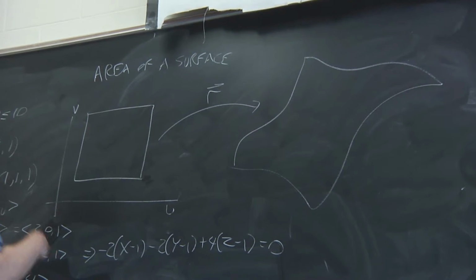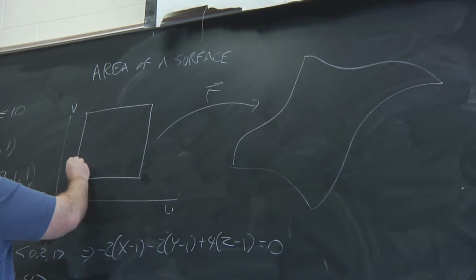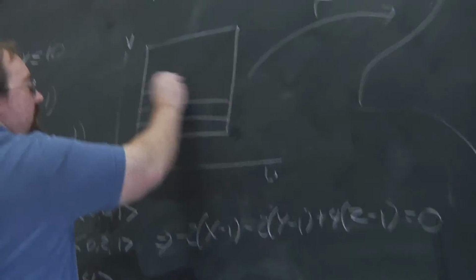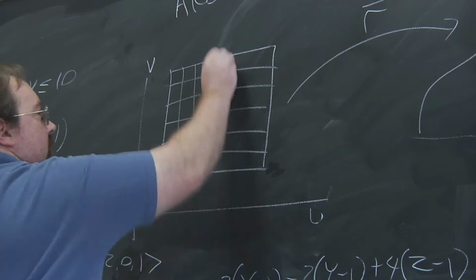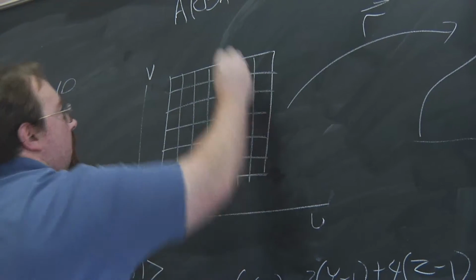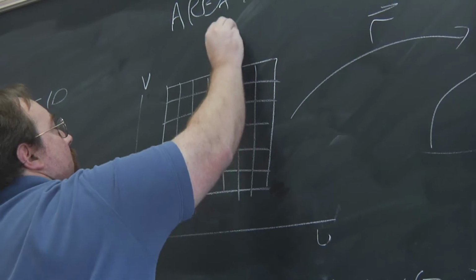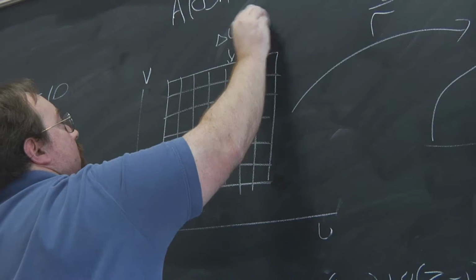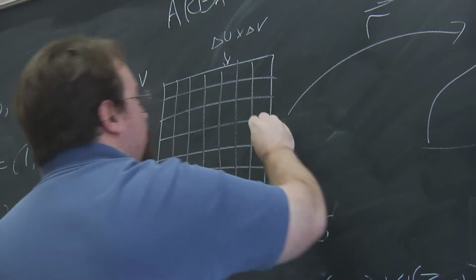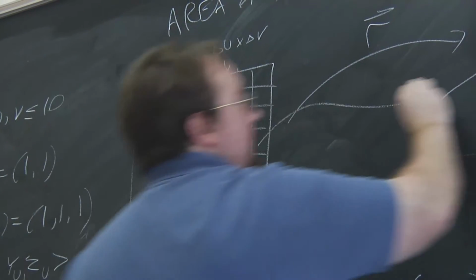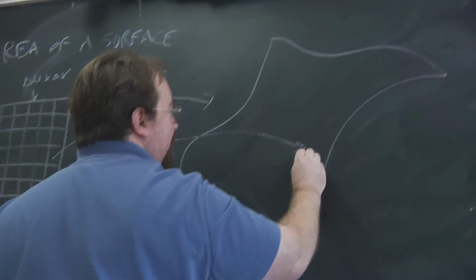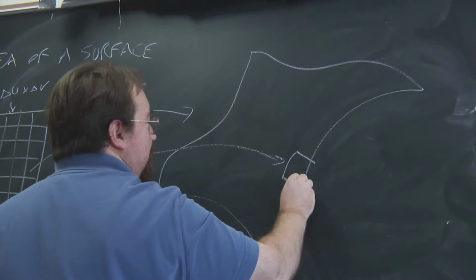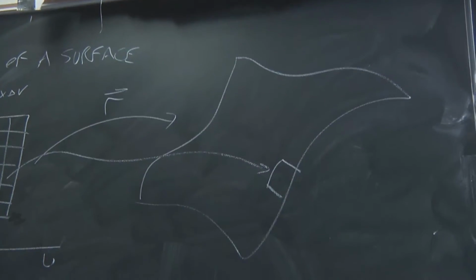Then to compute the area you can carve this up into little rectangles. Each one has dimensions delta U and delta V. And each one of these rectangles is mapped into some patch of a surface.